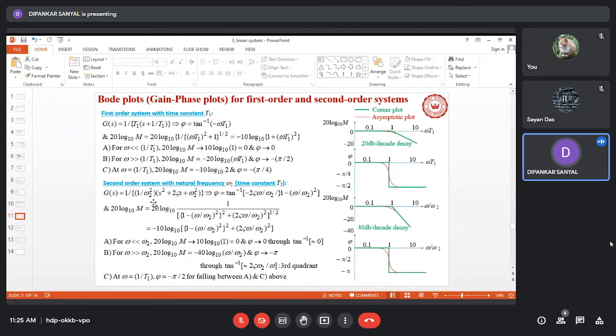Then, by processing the real and imaginary parts, we obtain the equation for the phase and the equation for the gain. Again, it is simple algebraic manipulation. This 1 minus (omega by omega 2) square comes from the substitution of j omega square here.